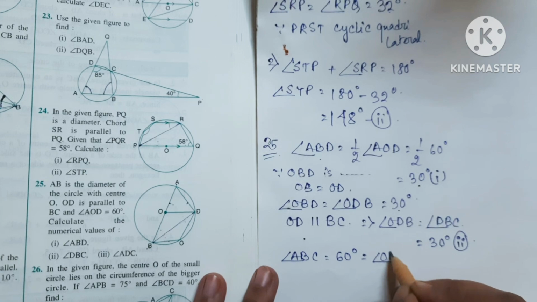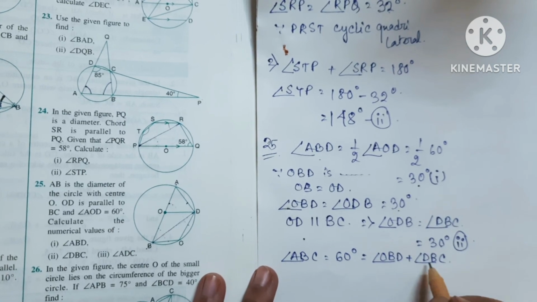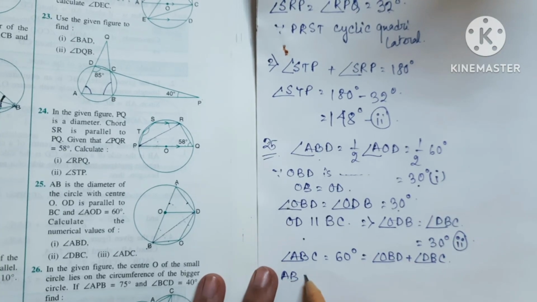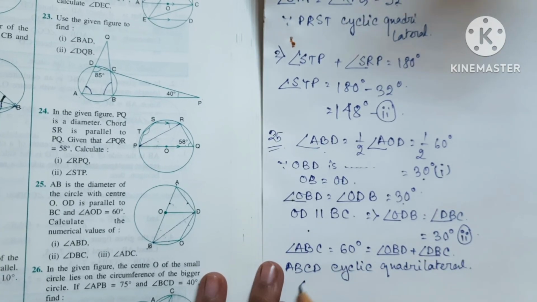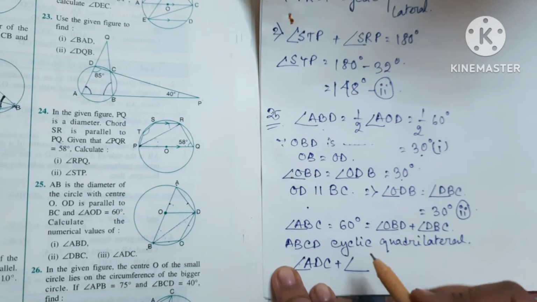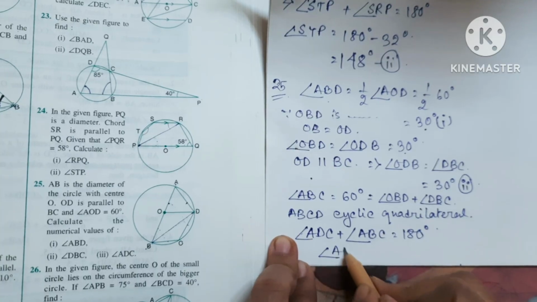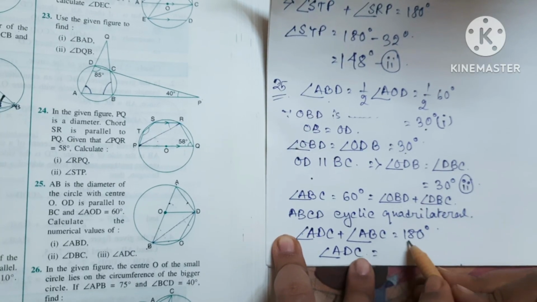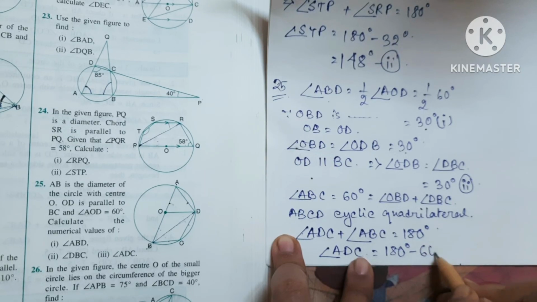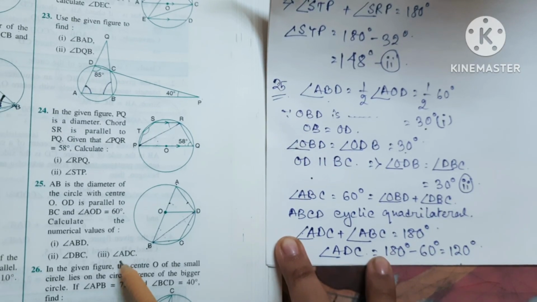Okay, you can write it as angle OBD plus angle DBC. Now ABCD is a cyclic quadrilateral. So angle ADC plus angle ABC is 180 degree. So angle ADC, the last one you have to find out, is 180 minus ABC. So 180 minus 60 degree, that will be 120 degree. Okay, that is the answer of ADC.